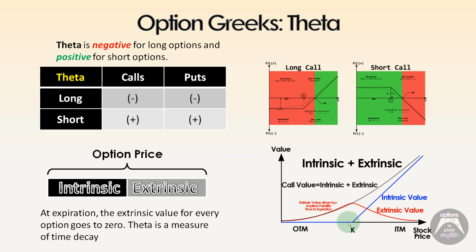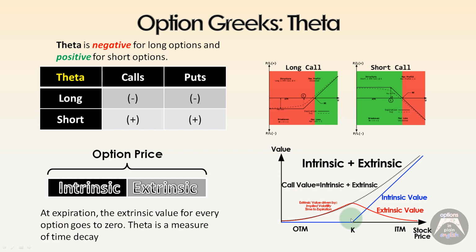So it's a very simple line. It's a very sharp angle here, and the extrinsic value is this line, which is a kind of normal distribution like curve, and this is going to be the additional value that you have in your call that's additional to the intrinsic value.